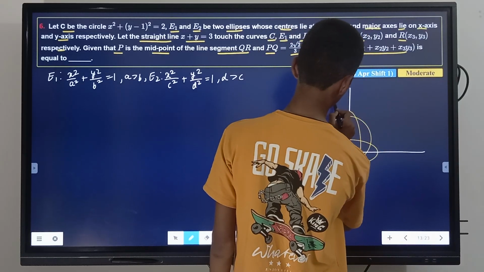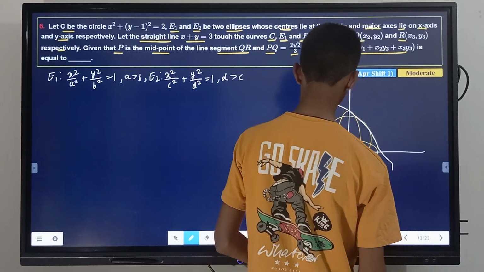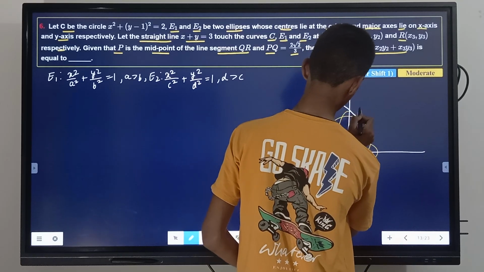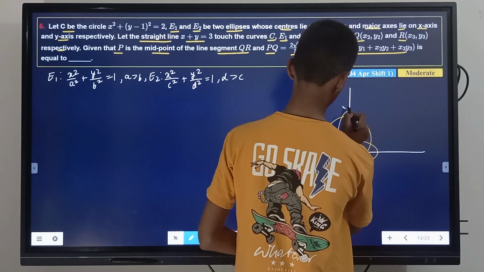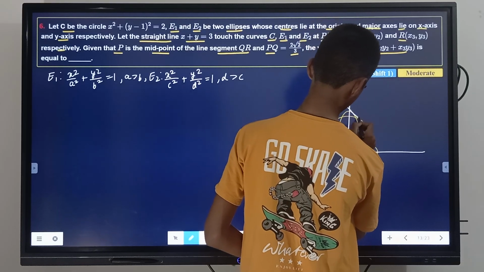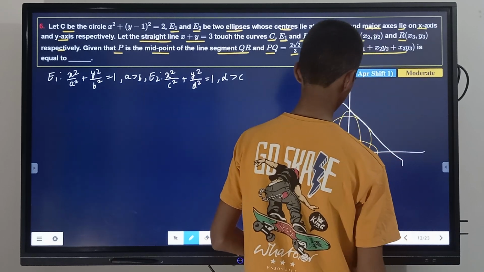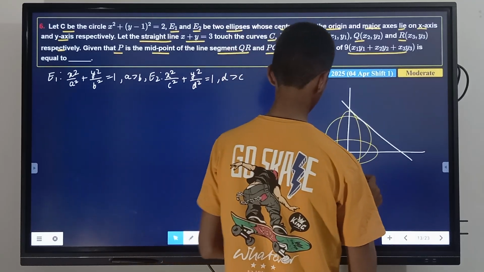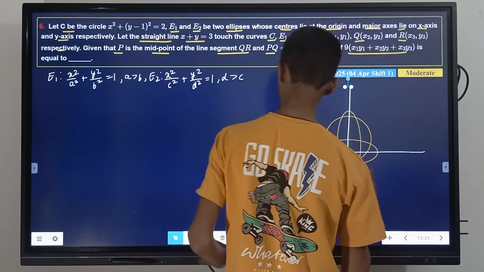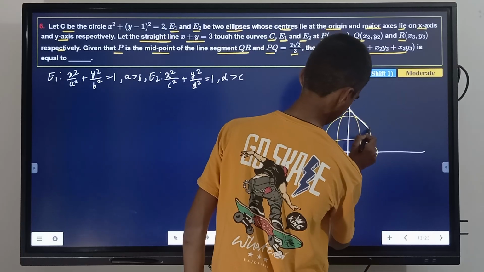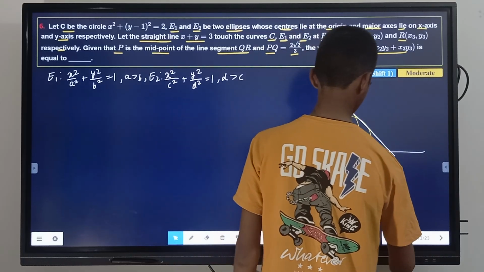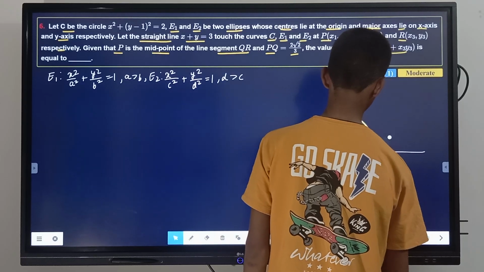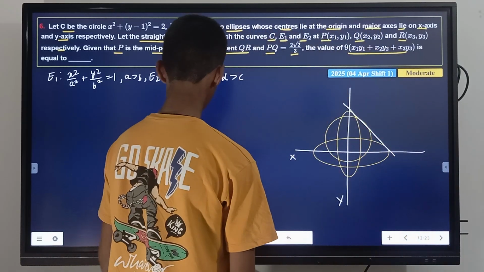Now here we have our tangent. So here is our tangent.